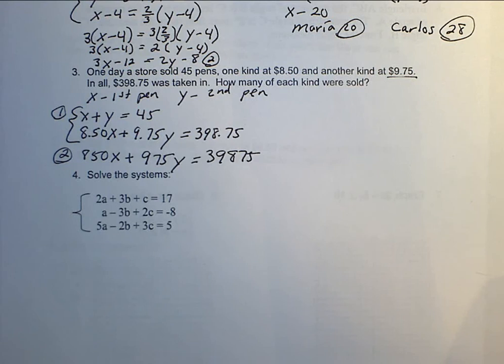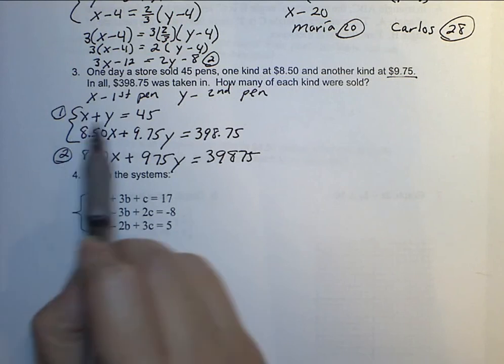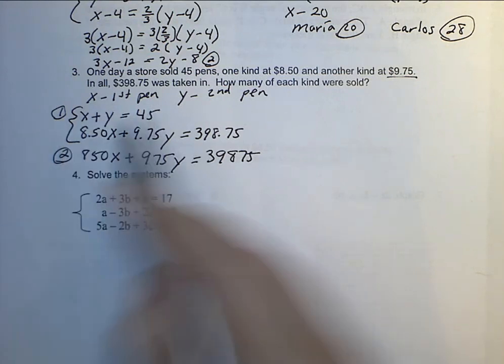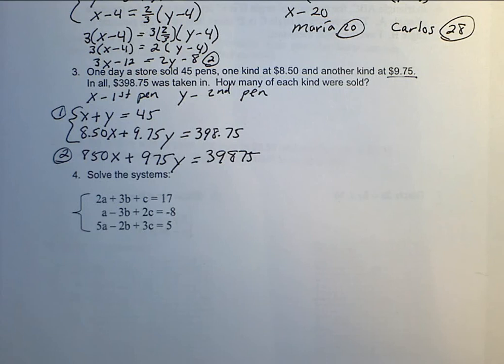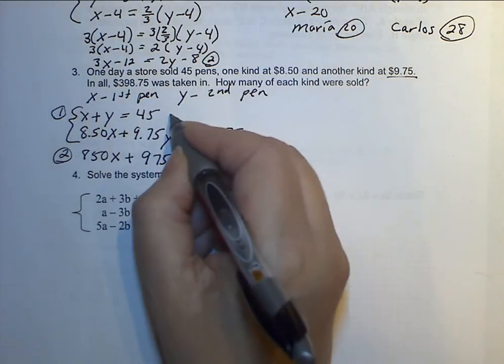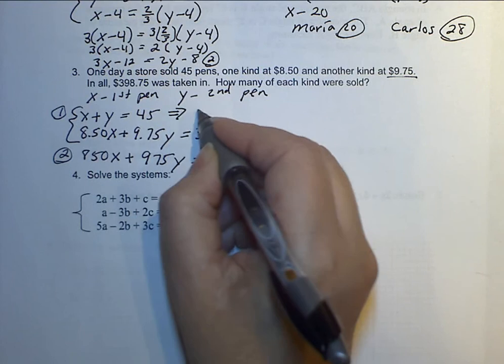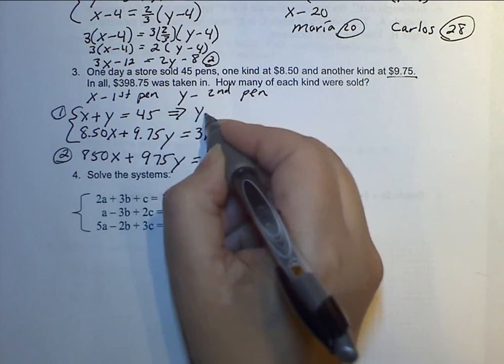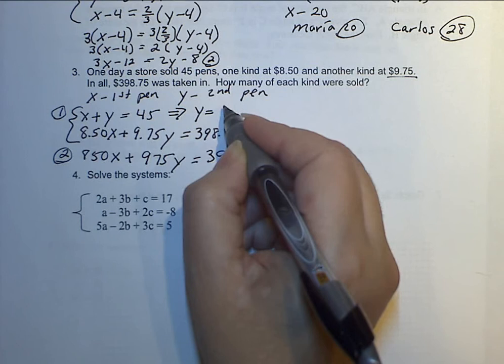I'm going to use substitution. So I'm going to take, how can I solve this, and we'll solve it for y. So if I solve this one for y, we have y equals 45 minus x.